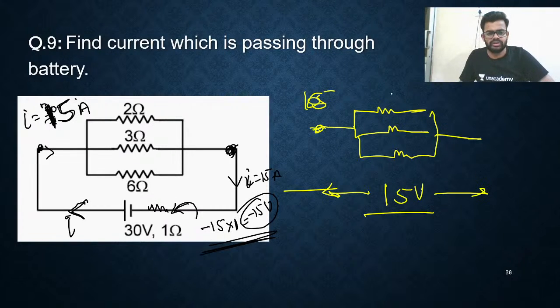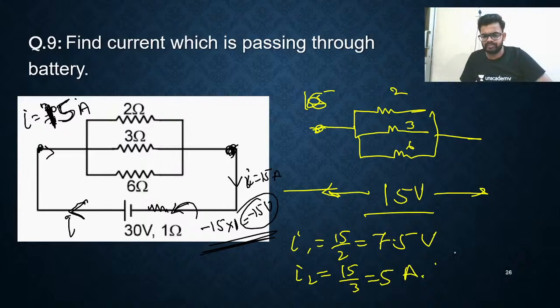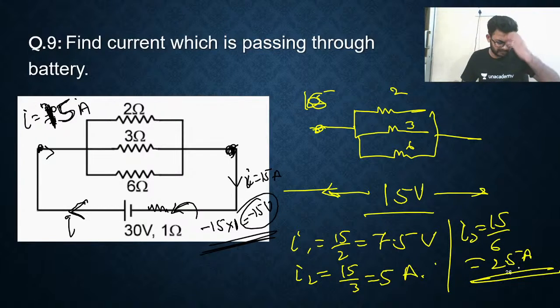That's all. So this is 2, this is 3, this is 6. I1 is equal to 15 by 2, 7.5 ampere. Very good. I2 is equal to 15 by 3, that is 5 ampere. And I3 is equal to 15 by 6, that is 2.5 ampere. Over. Very nice, my dear friends.